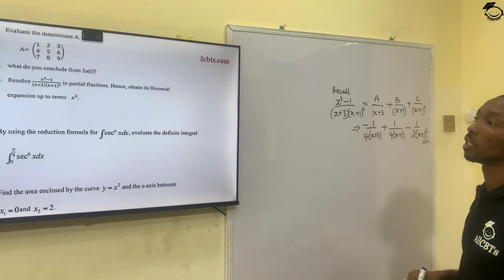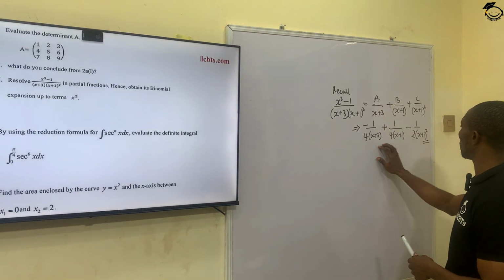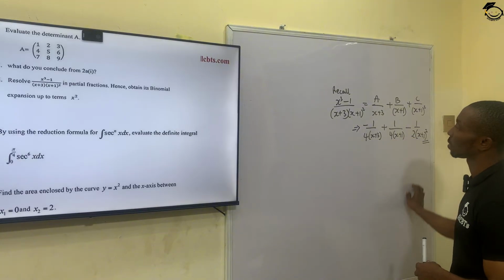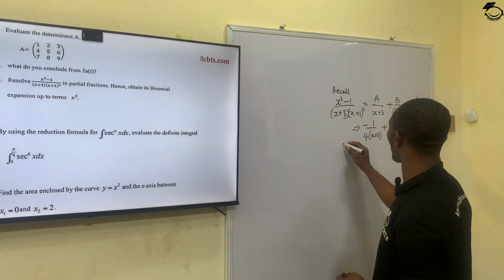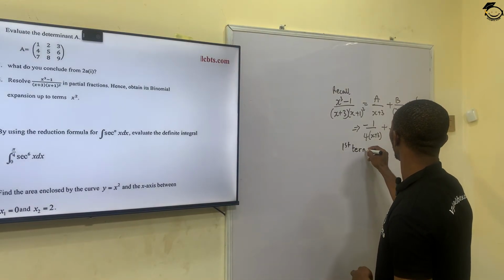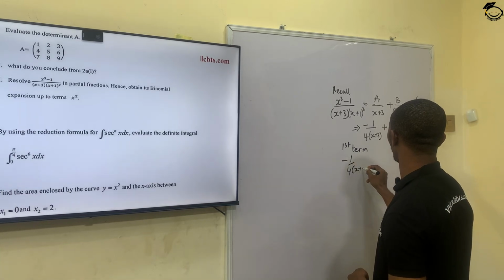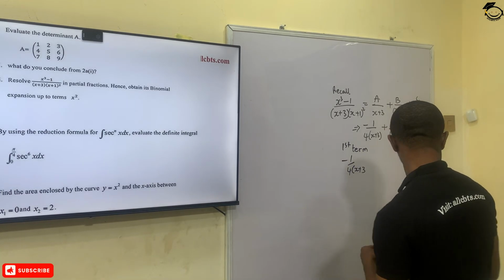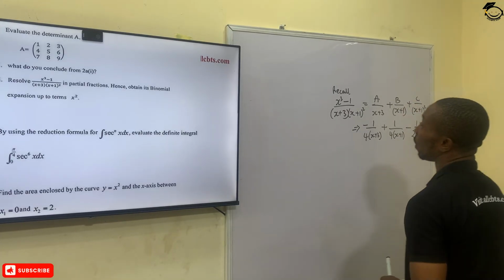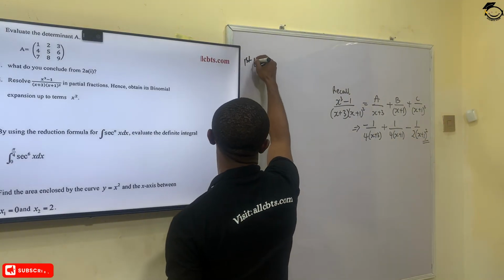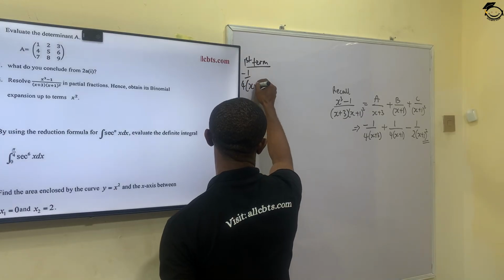Now, to obtain its binomial expansion up to x squared, we have to expand these terms, 1, 2, 3, in binomial series. Now, for our first term, we have it as minus 1 over 4 bracket x plus 3.